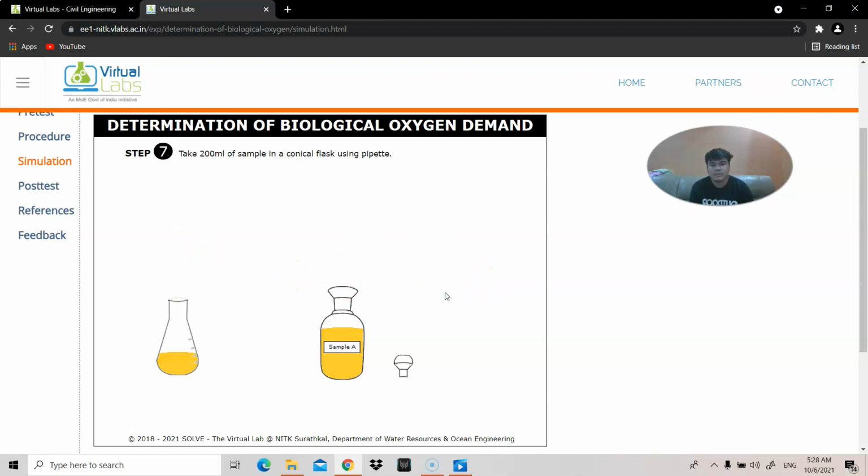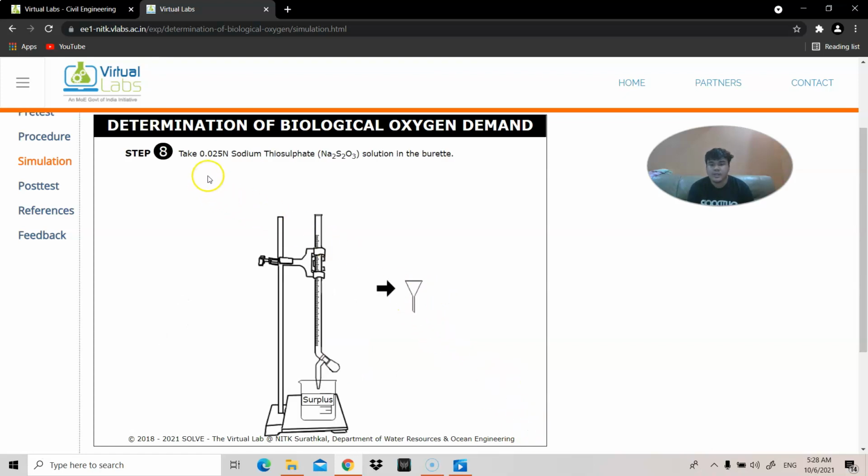Next, step 8. Take 0.025 N sodium thiosulfate, Na2S2O3 solution in the burette.